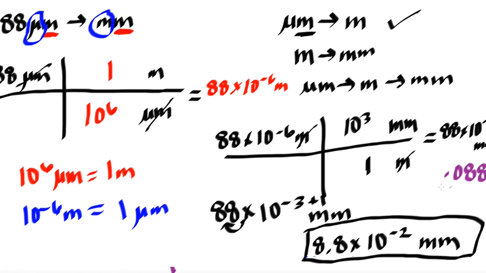I can't get my millimeter in there. Or this is the same thing, 8.8. If you're questioning whether your answer is right, put it in the calculator and see what it gets. So if I put 8.8 times 10 to the minus 2 in the calculator and just hit enter, it does give me back 0.088 millimeters. So either of these answers is correct. They're the same thing. All right. That does say millimeters, I just really squished it in there. So there's that one. Let's take a look at the next one.